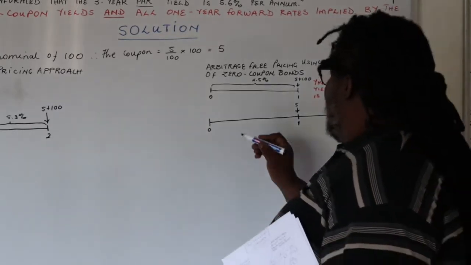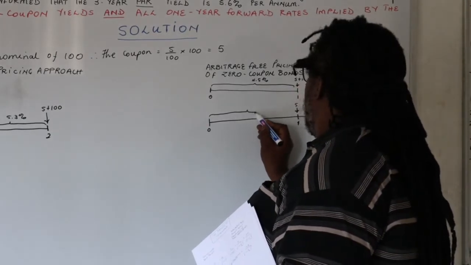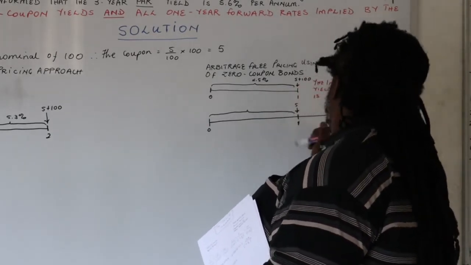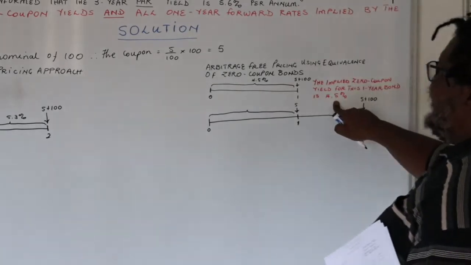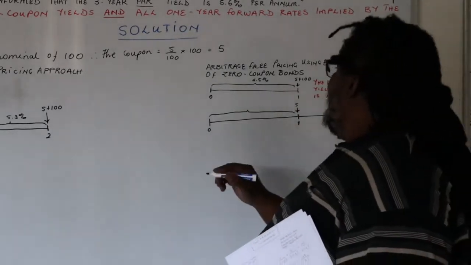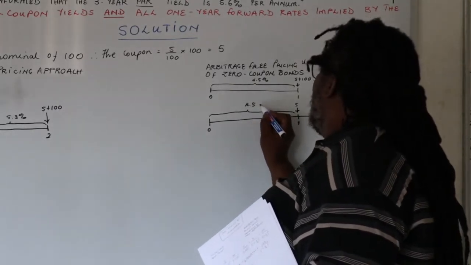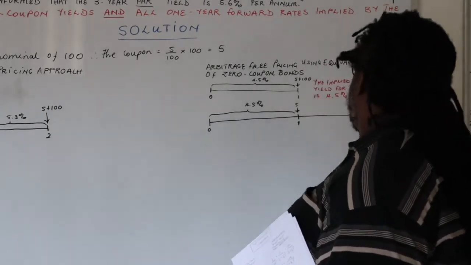And here we know that the spot rate is 4.5%, which we have been given in bond 1. So your spot rate for the beginning of the period is 4.5%.